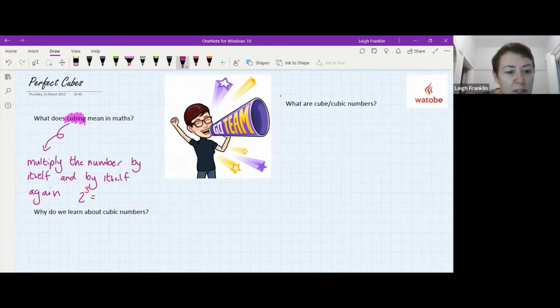So this means take 2, multiply it by itself, and then multiply it by itself again. So 2 cubed, or 2 times 2 times 2, would leave us with 8. Does that make sense to everybody? So 2 times 2 is 4, and then 4 times 2 is 8, right?